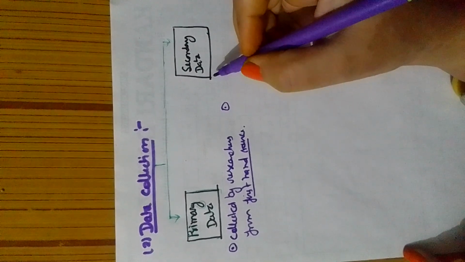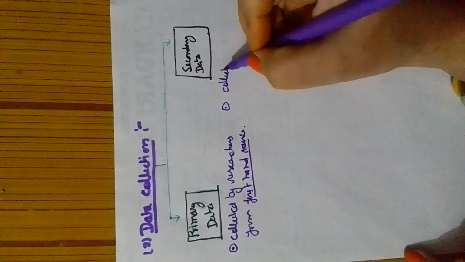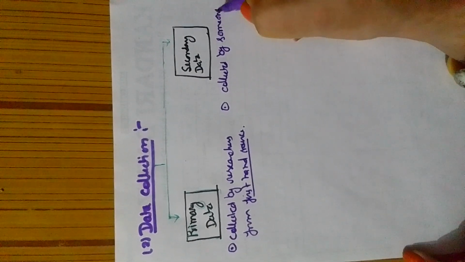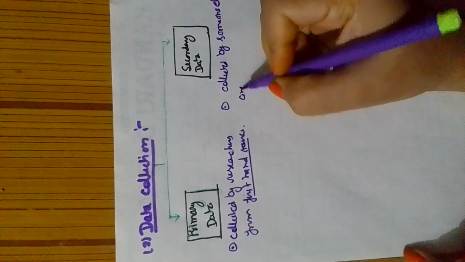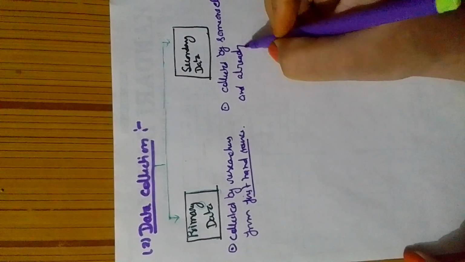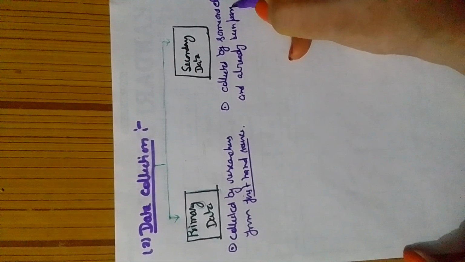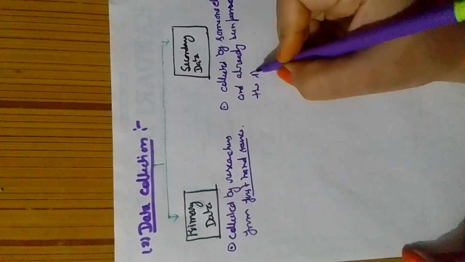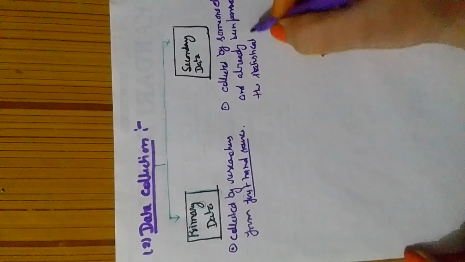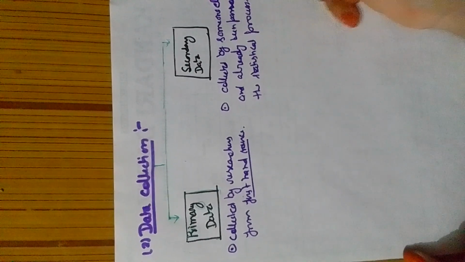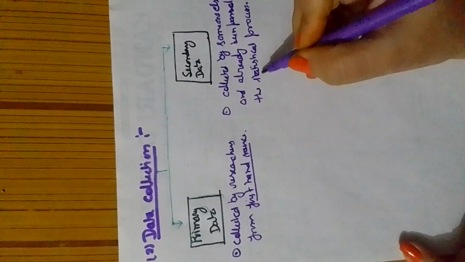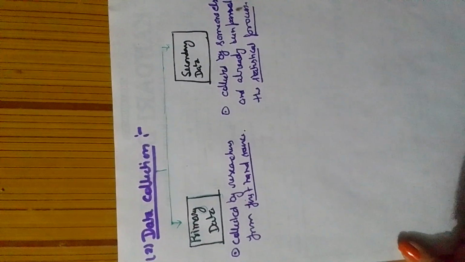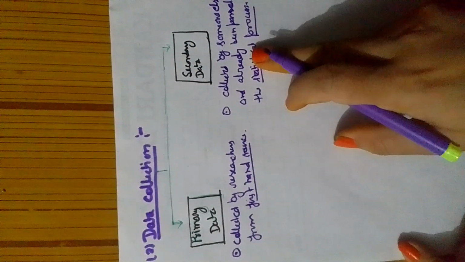It is data collected by someone else that has already been through the statistical process. It means that data has already been used by another data scientist, who has applied statistics to that data, and it is already trained in the model. So that is called secondary data.